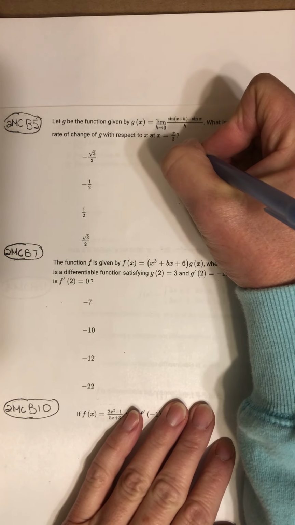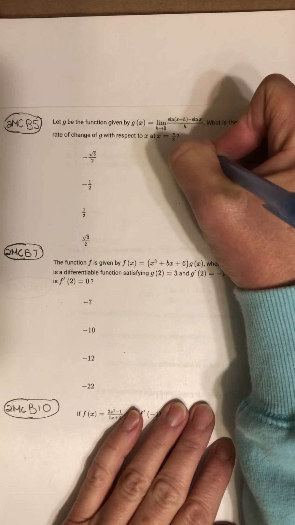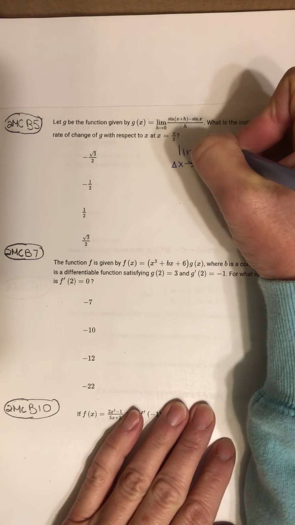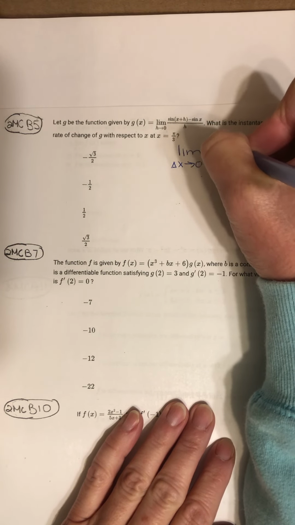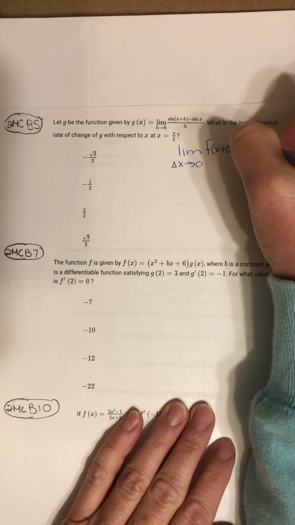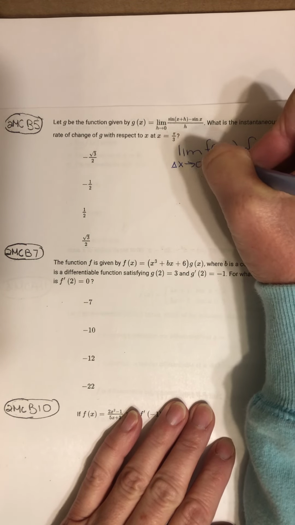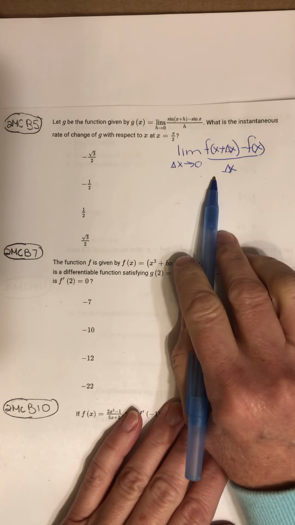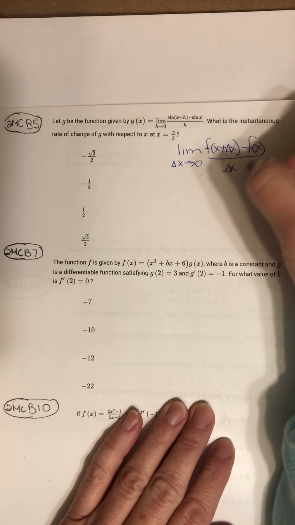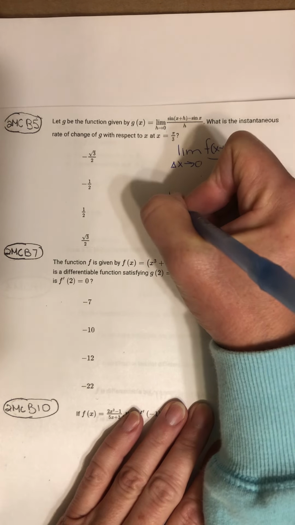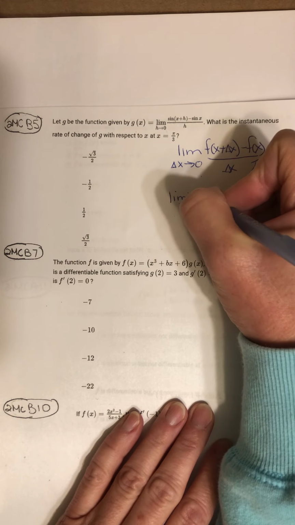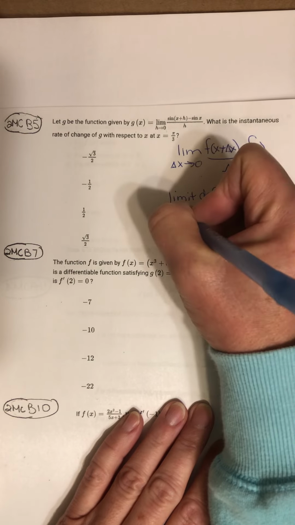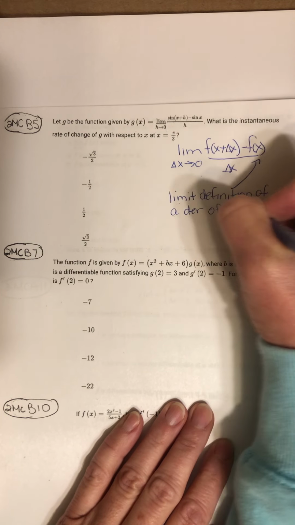This looks like the limit as delta x approaches 0 of f of x plus delta x minus f of x over delta x. Notice that this is the limit definition of a derivative of that function right there. This is the limit definition of a derivative of f of x.